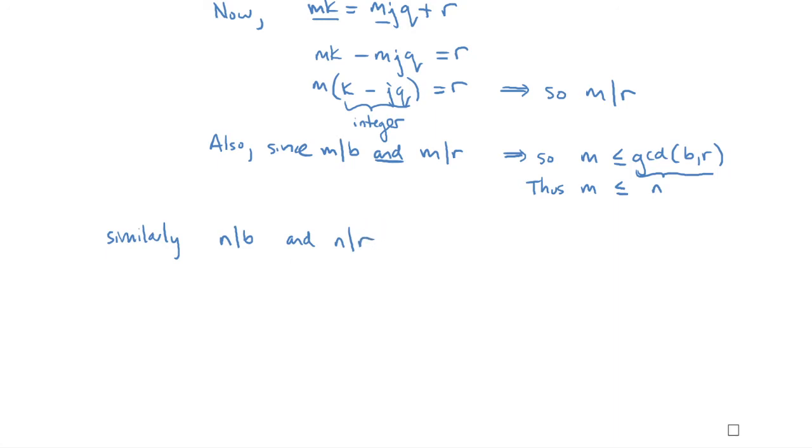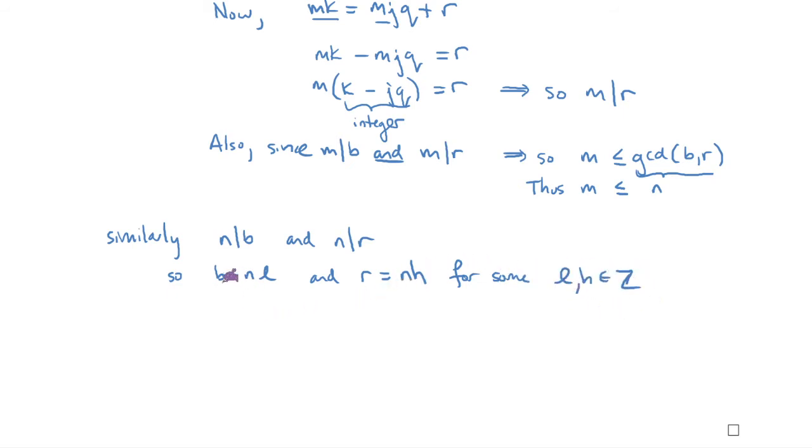And then I can do the same trick. So b is equal to nl, and r is equal to nh, using some letter we haven't used yet, for some l and h that are integers.